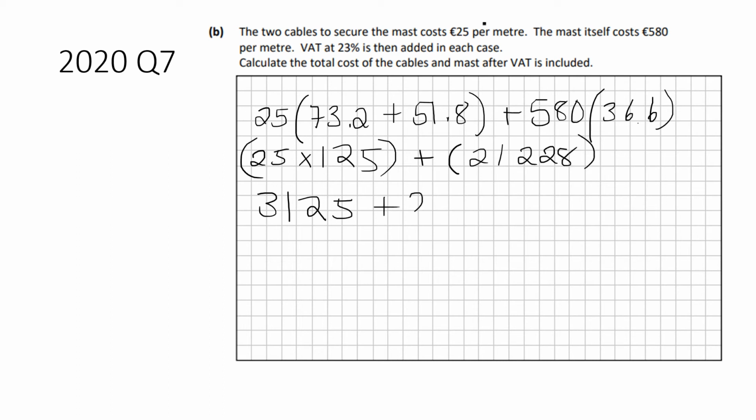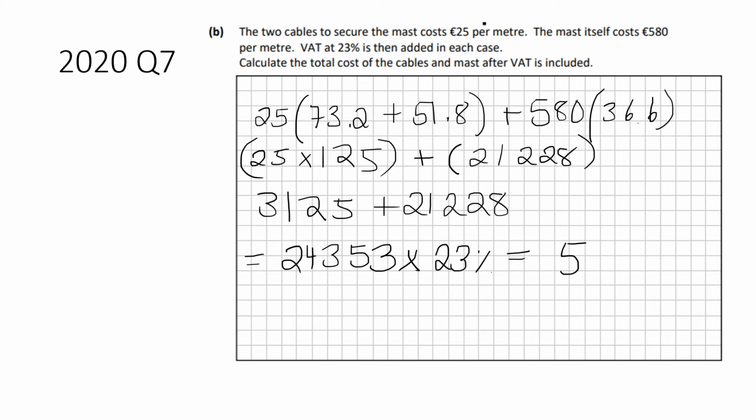If I add them together, that gives us 24,353. And then I just have to multiply it by 23%. You get 5,601.19, and then add that on.